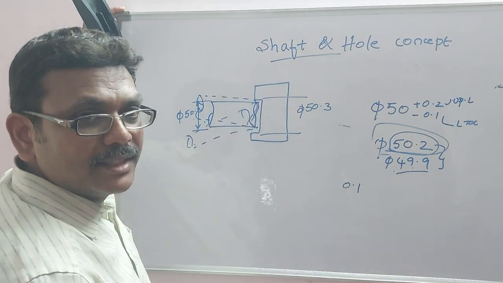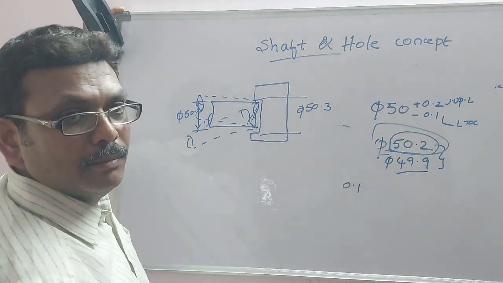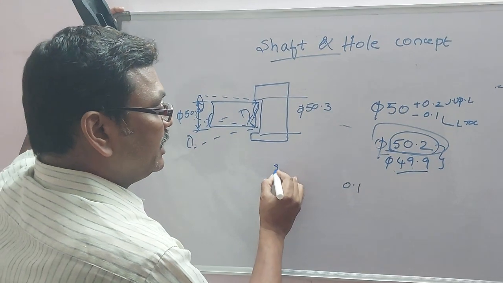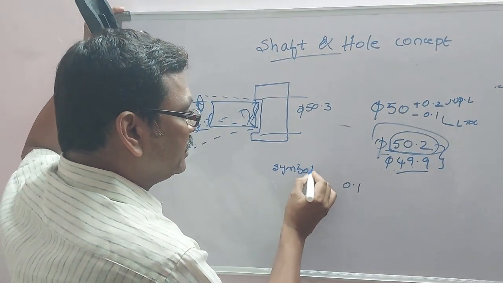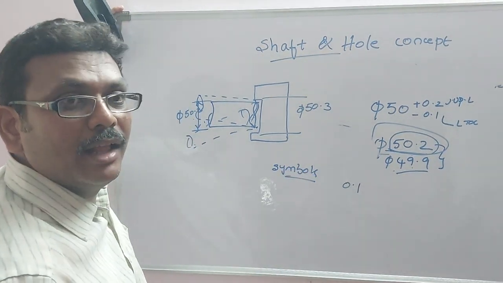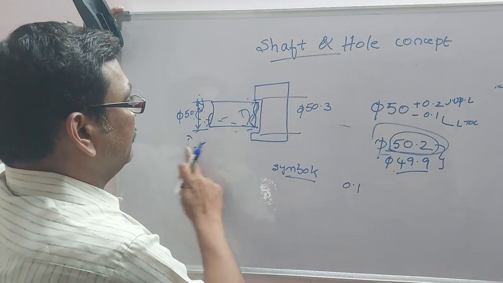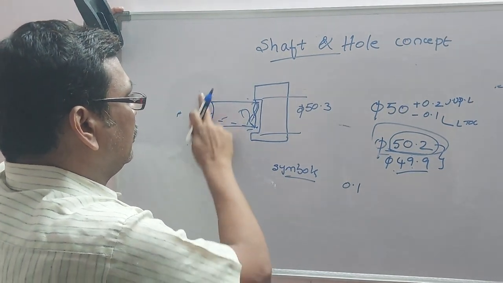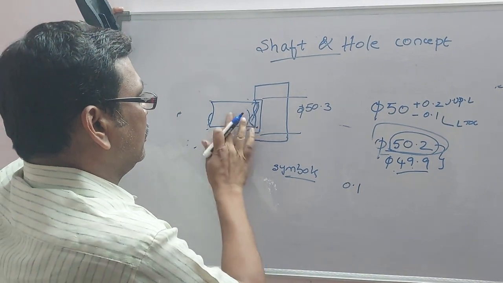So this is not a perfect assembly. In order to get the perfect assembly, we need to apply some set of geometric symbols to get the part a perfect assembly. Like this.